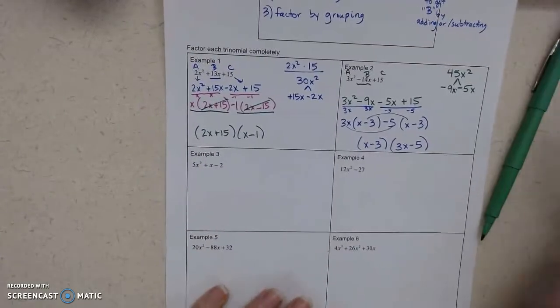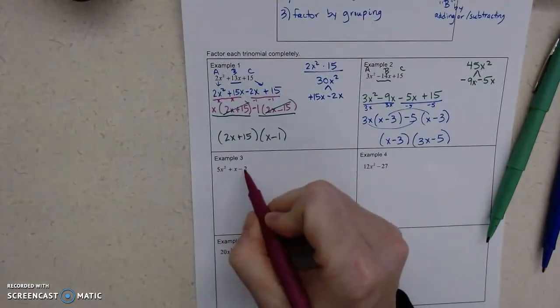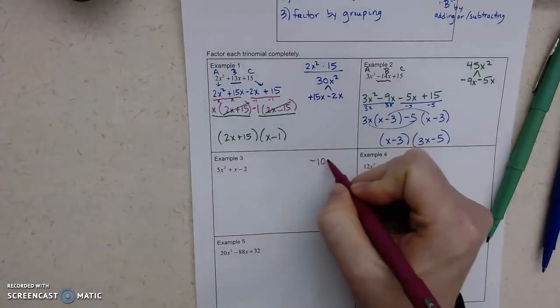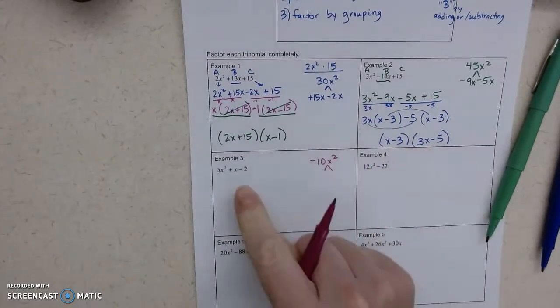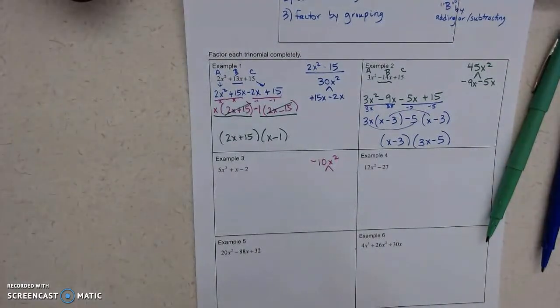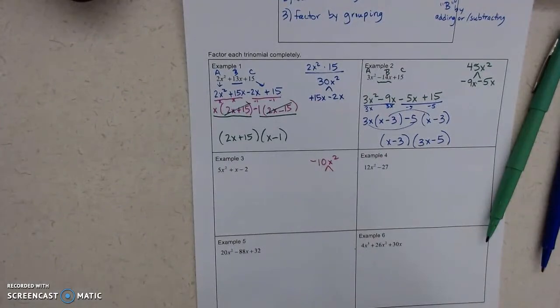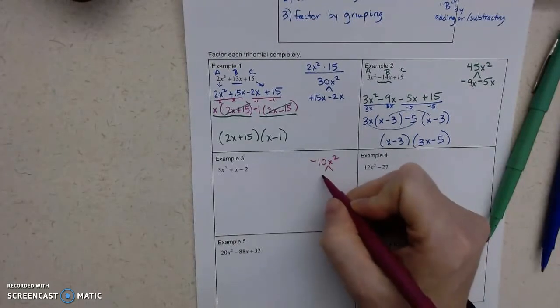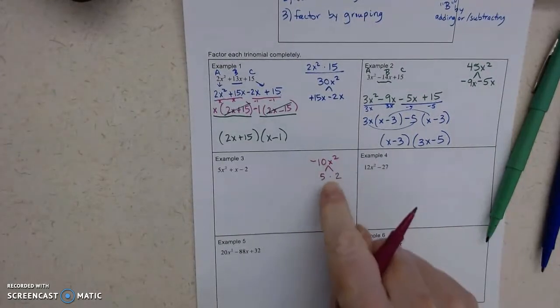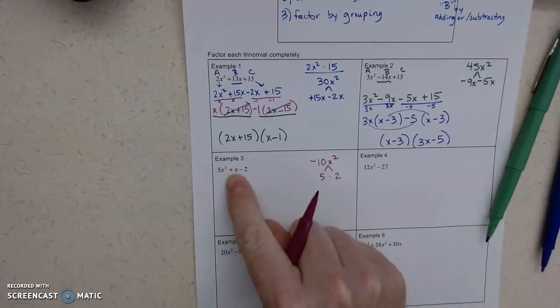All right, let's do one more, and then we'll change types. So a times c is negative 10x squared. I need to get 1. So 10 is 5 times 2, 10 times 1, and so this one, I really only have 5 and 2, which could give me a 7 or 3, positive or negative, but a 1 is what I need.